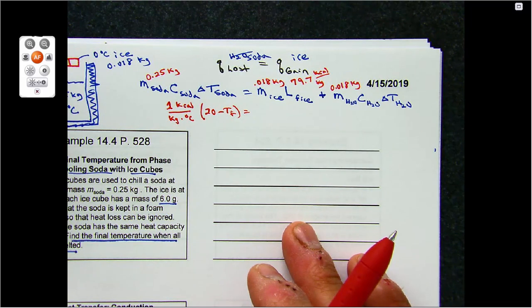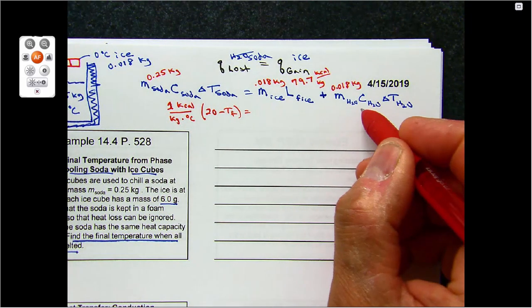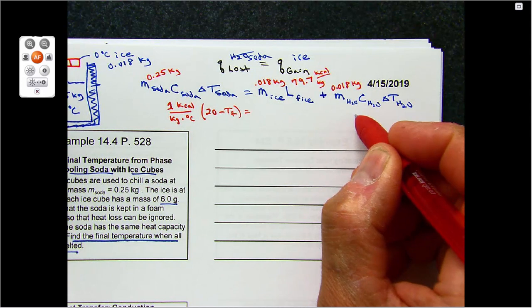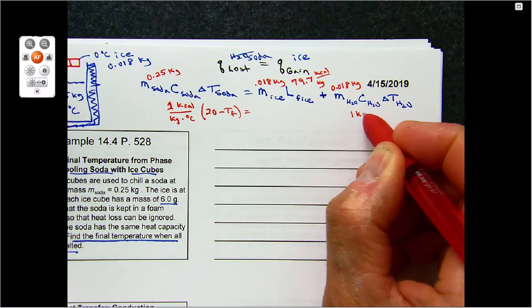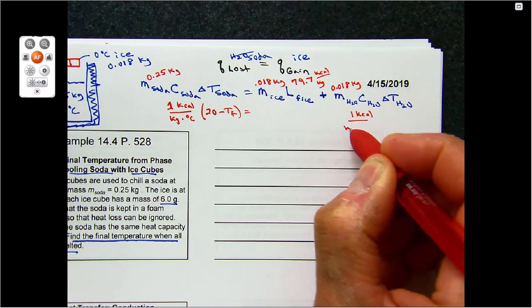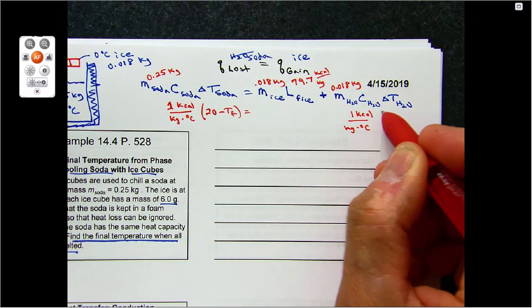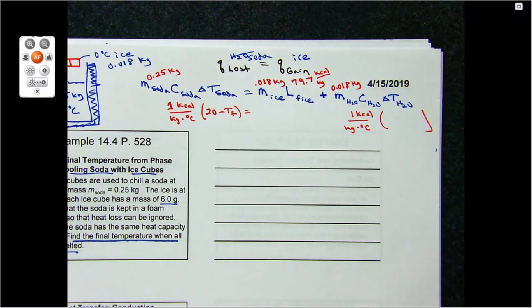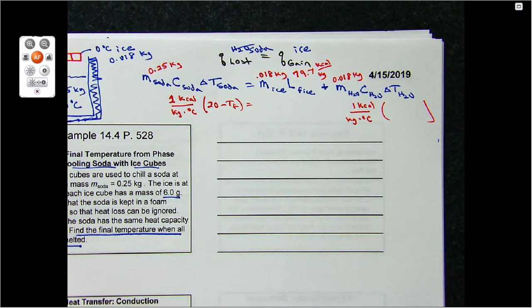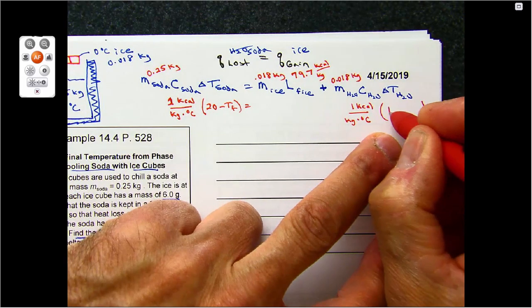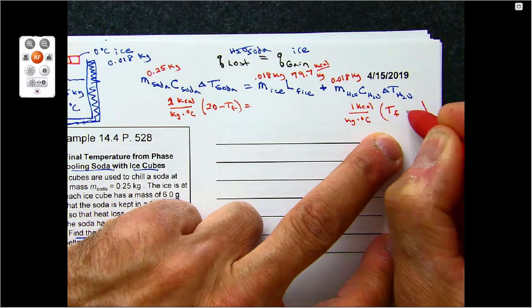No change in temperature. This, of course, is going to be 1 kilocalorie per kilogram degrees Celsius. But how about our temperature change? This is going to be T final minus 0.